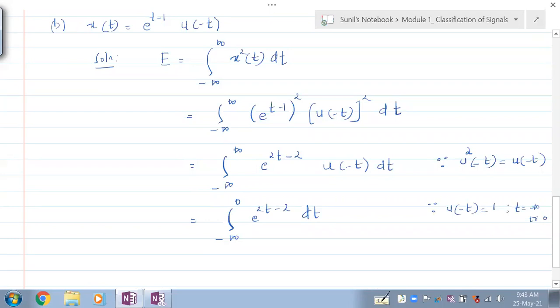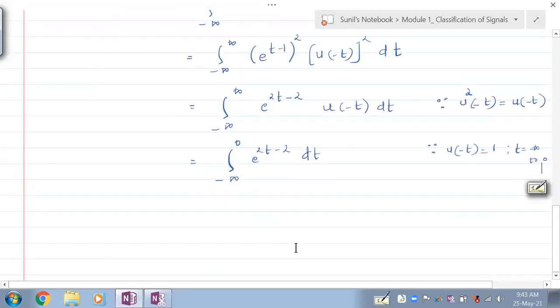That's why we have written this. So in this range u of minus t is 1. That's why u of minus t is substituted as 1, which is not to be seen here. Fine. Now let's have this.